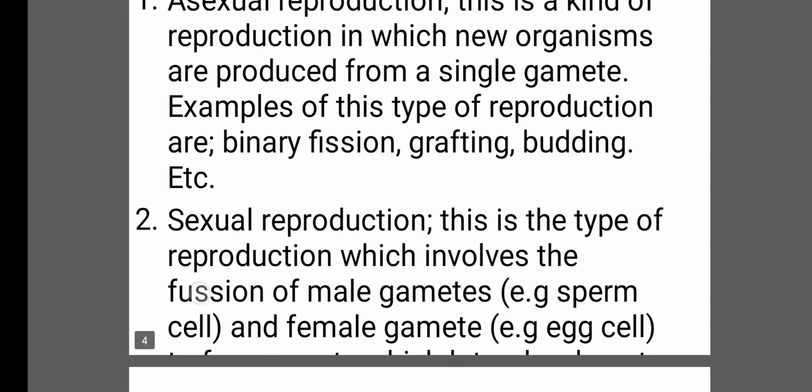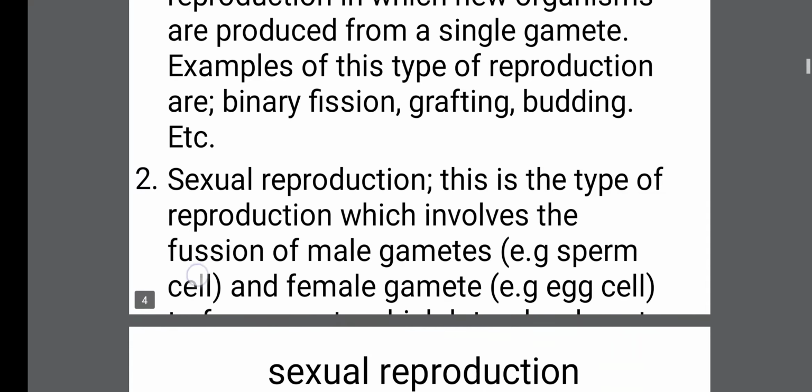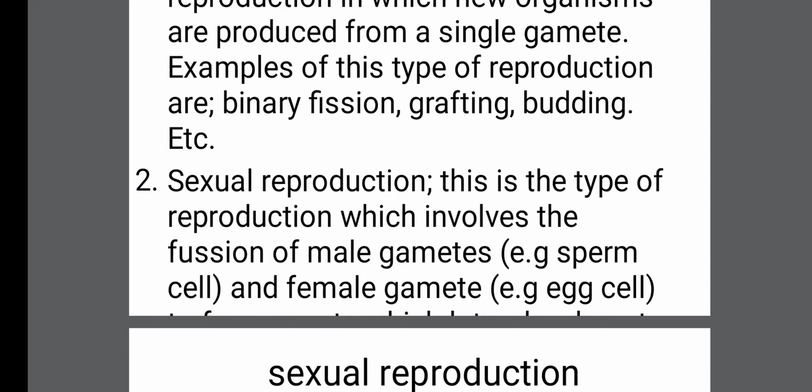In SS1, you did vegetative propagation, asexual reproduction in plants and other invertebrates. And different types of asexual reproduction include binary fission, grafting, budding, and so on and so forth.